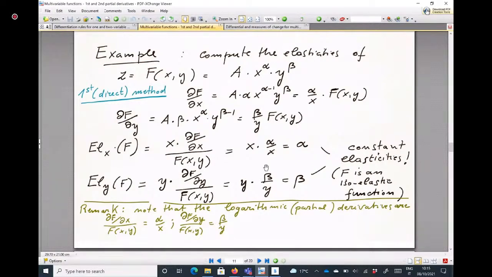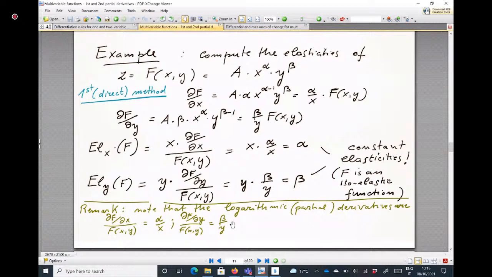We computed the log derivative in the previous step, beta over y, times y, this is beta. Okay, so the elasticities are already there, displayed as the exponents of the power factors of your power function.